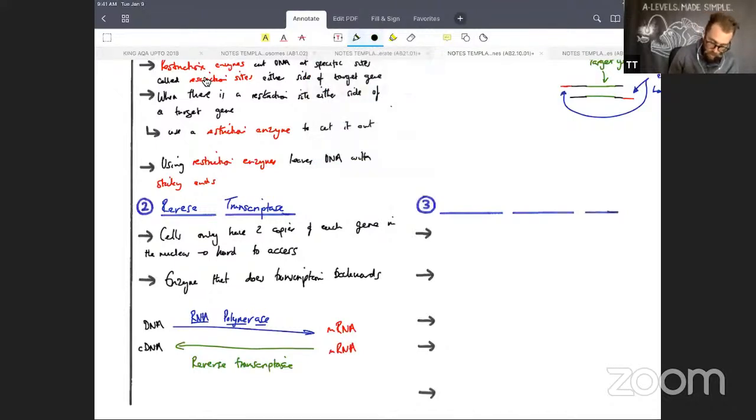This DNA is called complementary DNA, which contains no introns, because messenger RNA does not contain introns. They are removed to make the messenger RNA. This is useful because there are loads more copies of messenger RNA. Maybe I can add that.